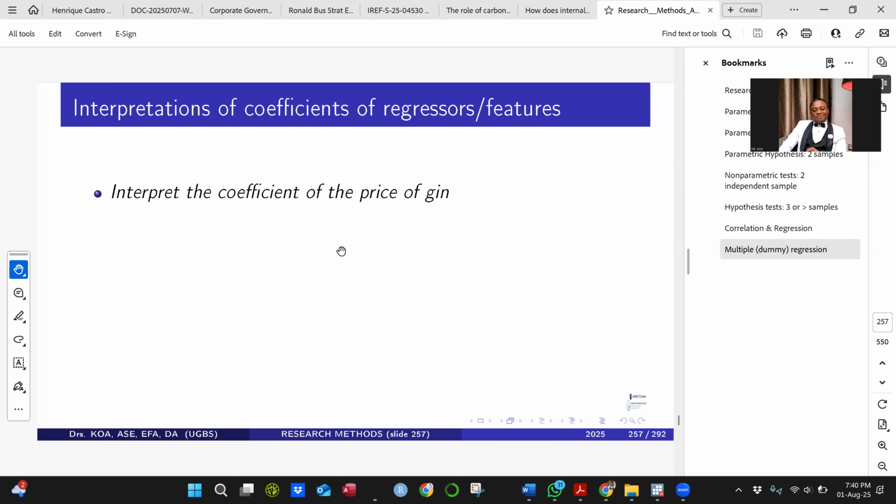You see, the coefficient of a numerical variable is dynamic. A numerical variable is a variable that is dynamic. That's why they are numerical. It means that variable can rise and fall. But then a categorical variable, also called the dummy, is not dynamic, it is static.